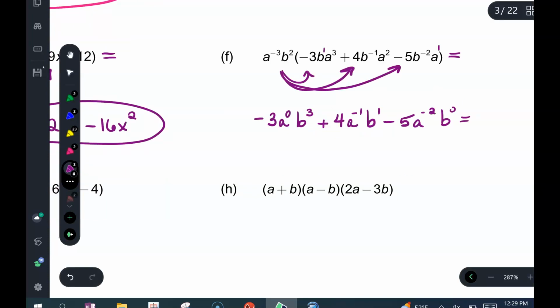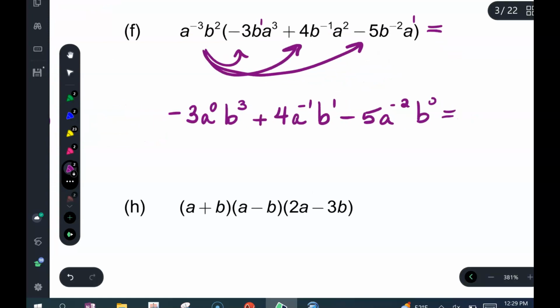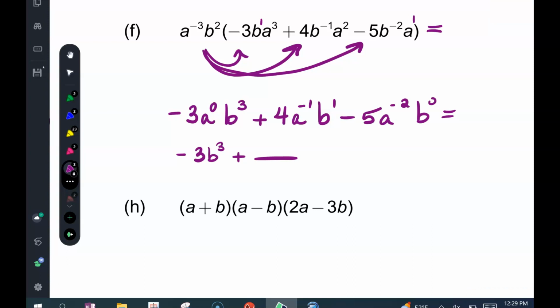Now, I want to get rid of anything that's a negative exponent, and I want to get rid of all the ones that have 0. So what's the first term going to be? Negative 3b cubed plus, okay, that one has a negative exponent, so something's going to go on top, something's going to go on the bottom. The only thing that goes on the bottom is a, okay, but what's the exponent for the 4?